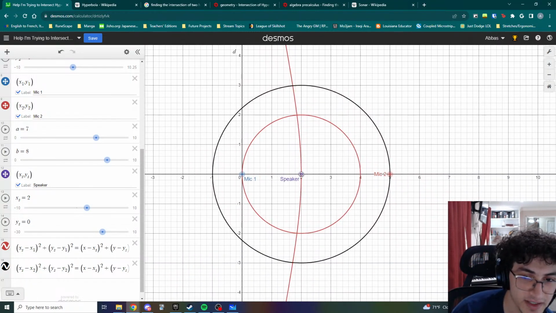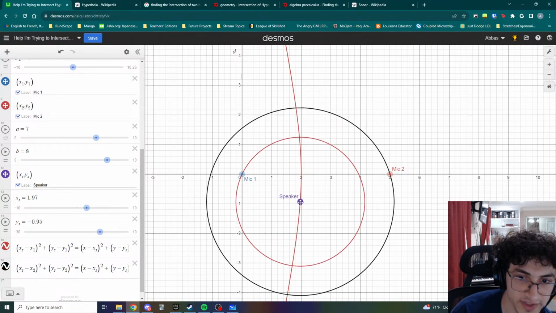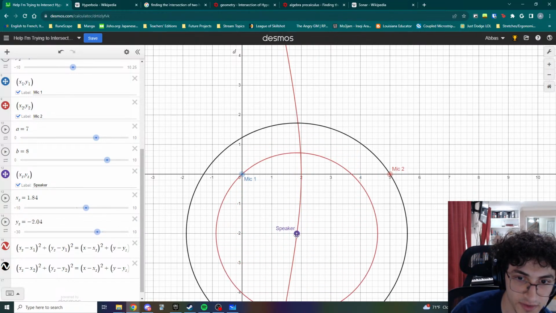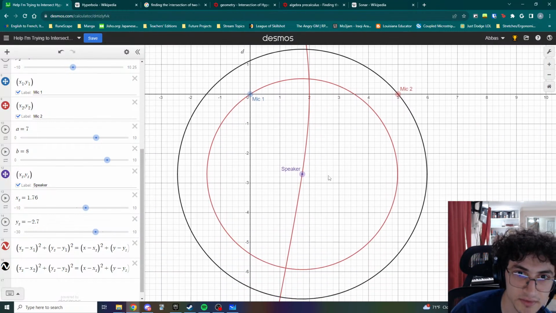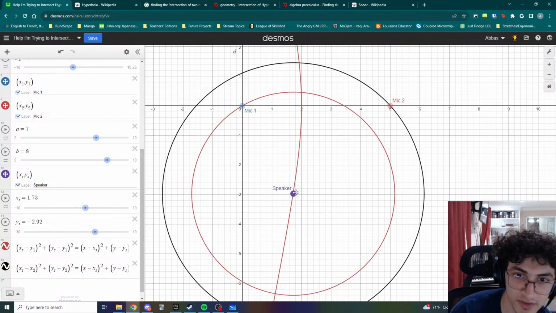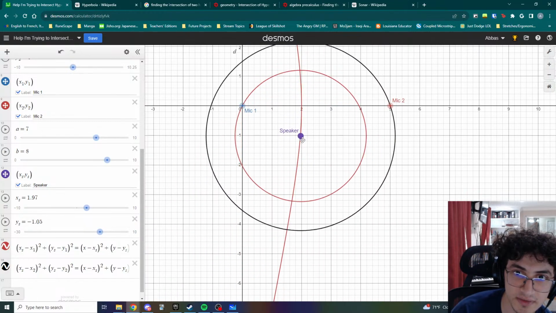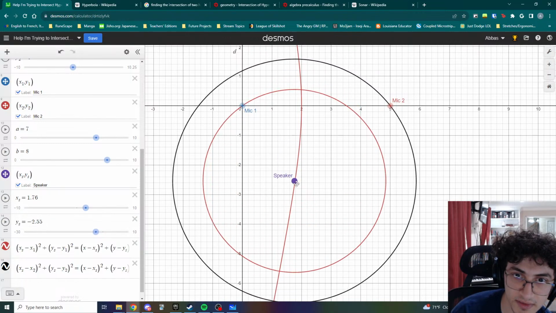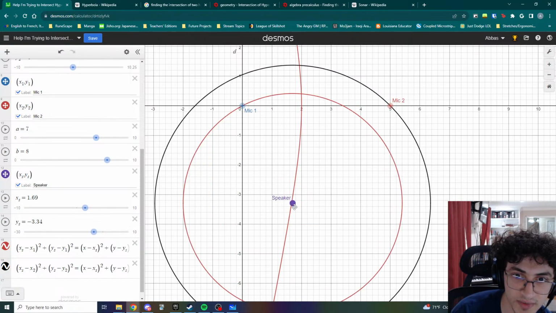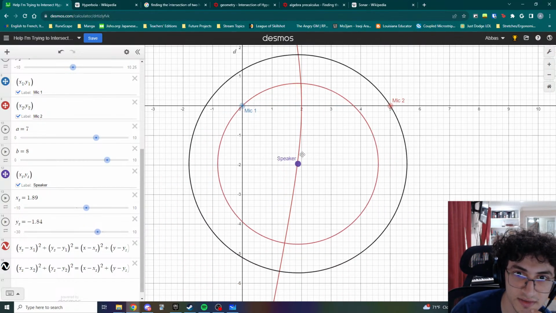And if I move this speaker along this red line, you'll notice that the circles change their radius. They get bigger or they get smaller, but that difference stays pretty consistent. I'm not very smooth with it because I'm not a robot, but the difference is pretty consistent.